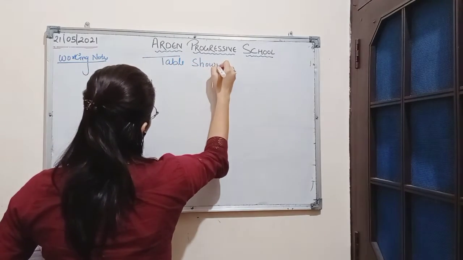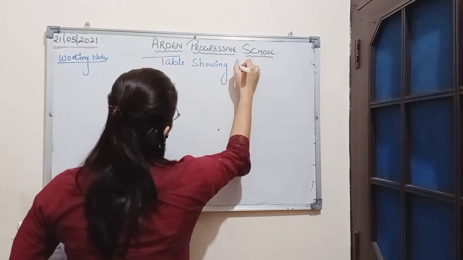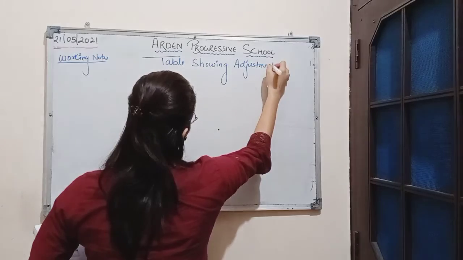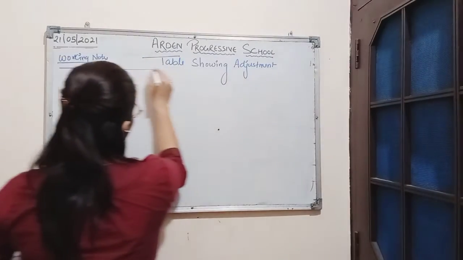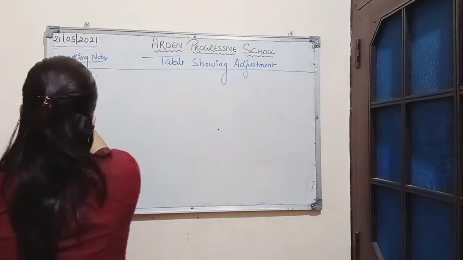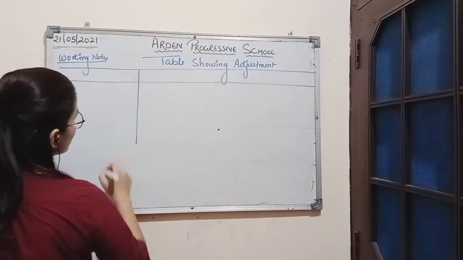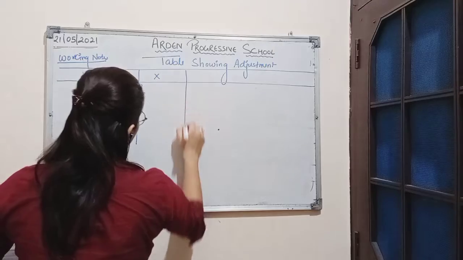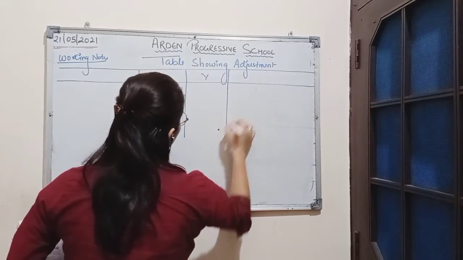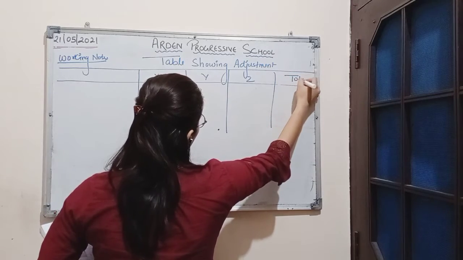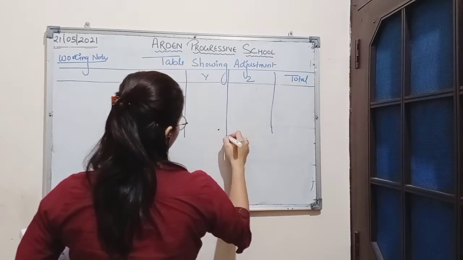The format of the table is particulars, partner X, partner Y, partner Z and total amount.